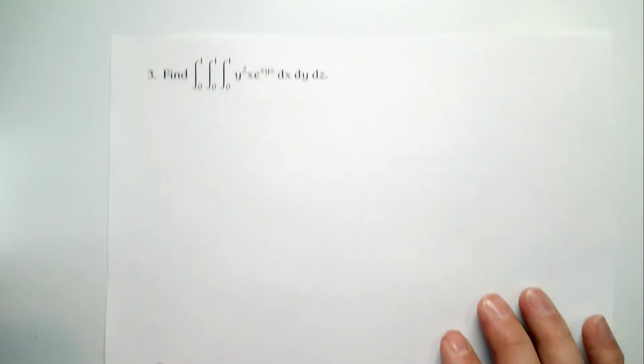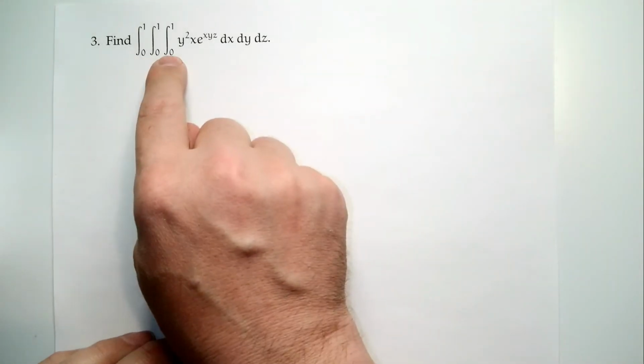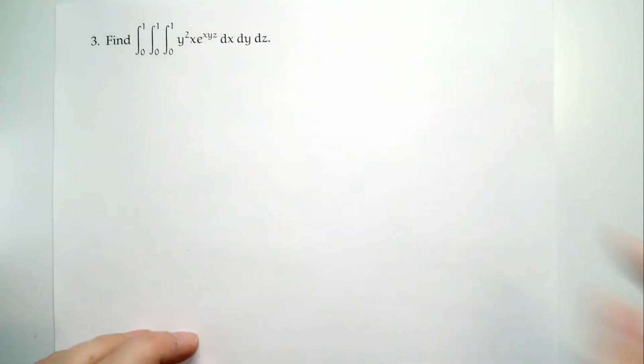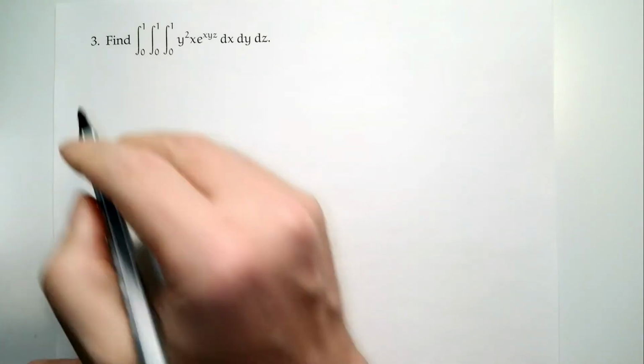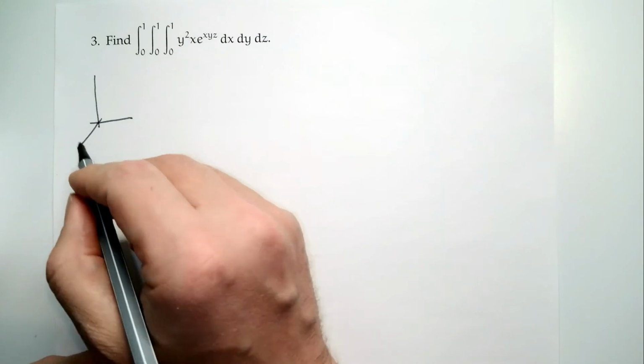Okay. Find the integral 0 to 1, 0 to 1, 0 to 1 of y squared x e to the xyz dx dy dz. Now, if you think about it, our shape is kind of very uninteresting, at least compared to the last couple problems.